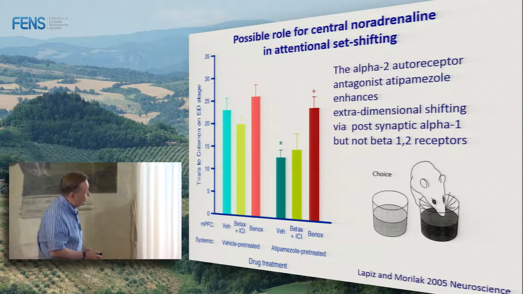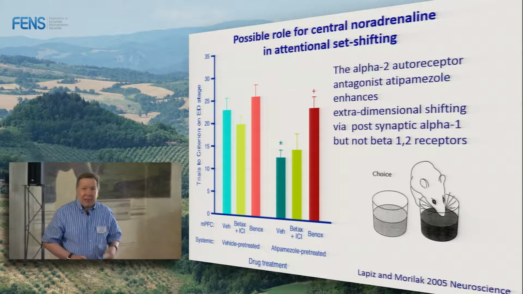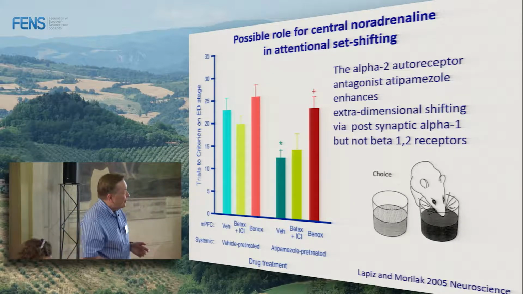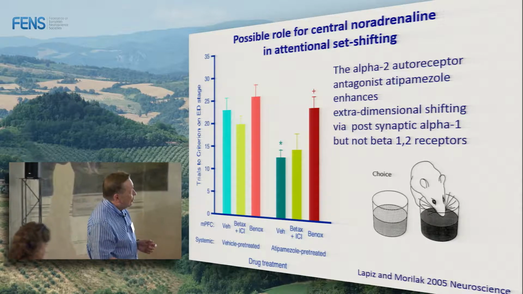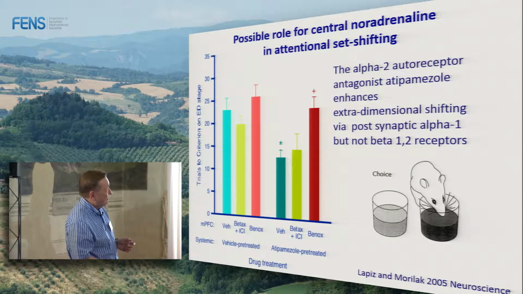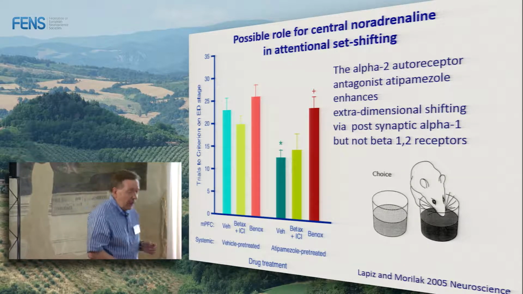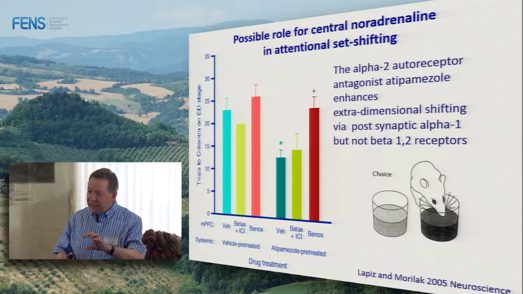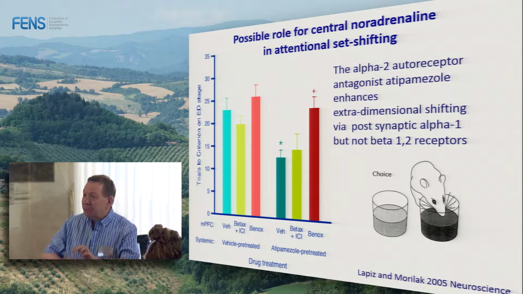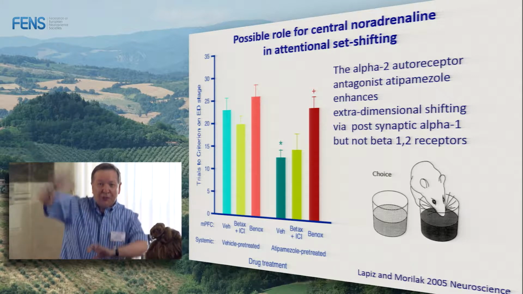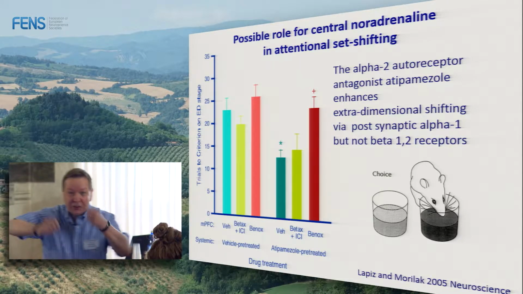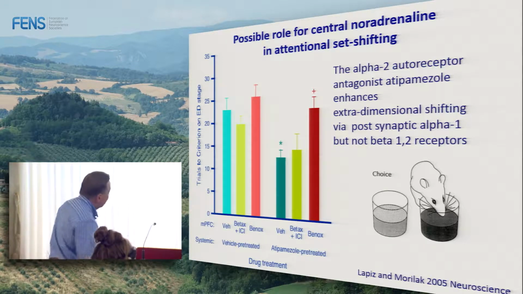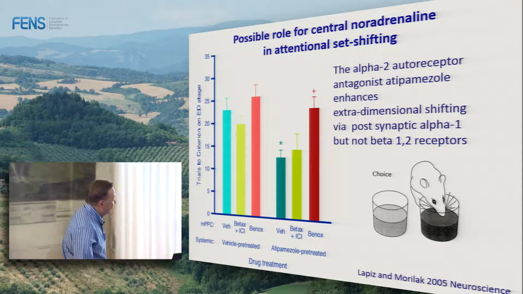And what he did was to use a drug. So this is the pharmacological approach, if you like, to studying neuromodulation. Quite sophisticated. He used a drug, an autoreceptor antagonist, atipamezole, which works at the level of the locus coeruleus to inhibit the inhibitory receptors there and boost activity in the locus. So the noradrenaline system's working faster, and he was able to show that this drug improves learning.